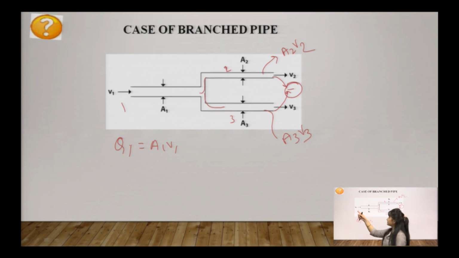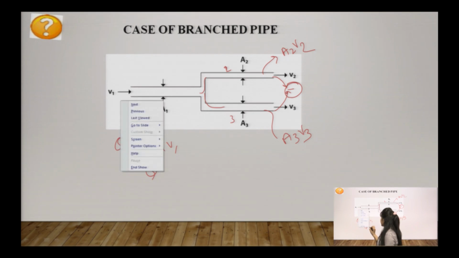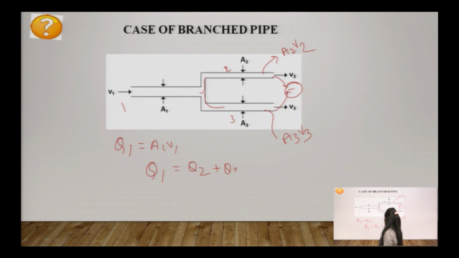Now we know we have given an input of A1 V1, which will be equivalent to the summation of these two. Hence, in case of a branched pipe, Q1 will be equivalent to Q2 plus Q3 and so on.